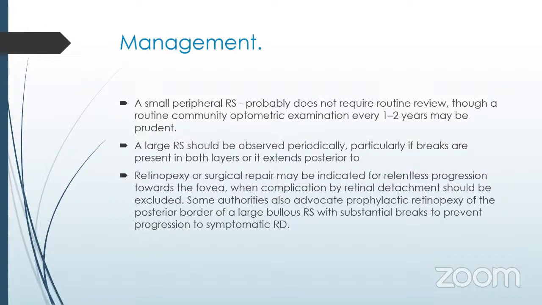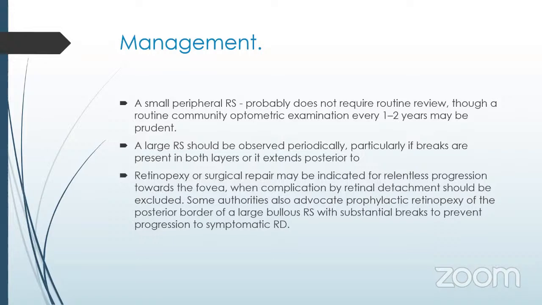Management: small peripheral retinoschisis probably does not require routine review, though a routine community optometric examination after 1 to 2 years may be prudent. Large retinoschisis should be observed periodically, particularly if breaks are present in both layers or it extends posterior to the equator.